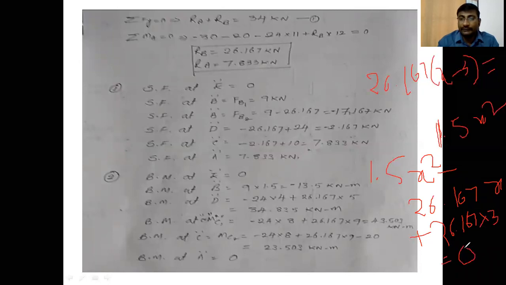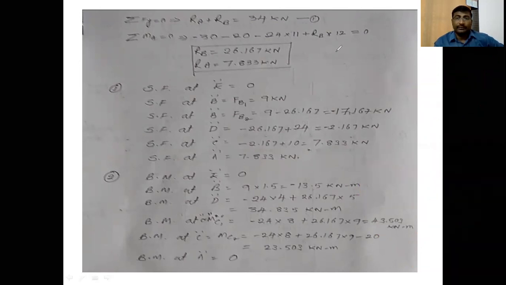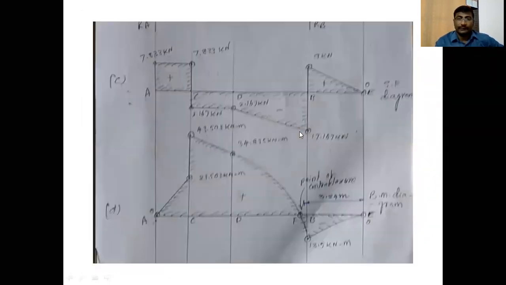This is the equation to get the x value. If we solve this equation, we can get the x value. The x value is 3 point something, that is 3.24 meters. At a distance of 3.24 meters, the bending moment value is 0. That means we get the point of contraflexure at 3.24 meters.